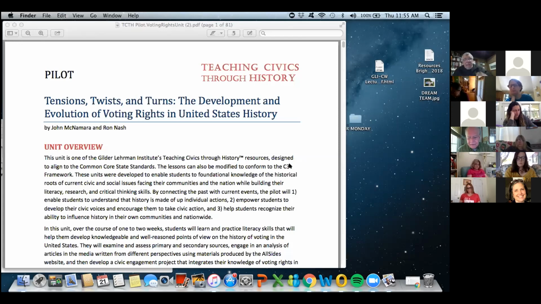And that's something, given the history that students would learn and the documents that students would read and discuss: to what extent do they view voting not just as an inalienable right for them, but as an inalienable duty as a citizen of the United States?